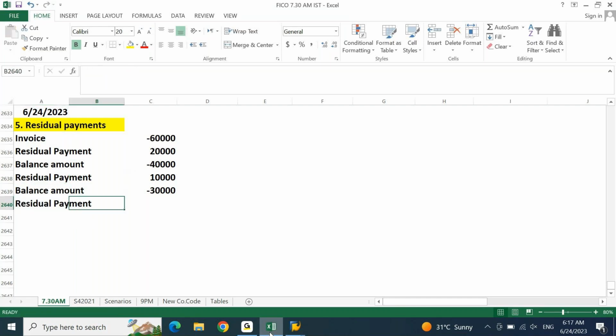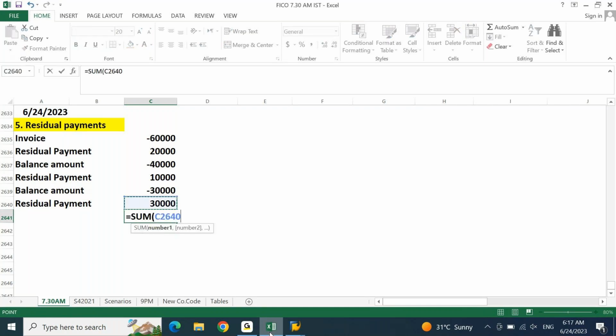Let's assume I am making another residual payment, three residual payments. Let us pass three residual payments. Third residual payment, let's say I am making 30,000. Now the balance will become 0.